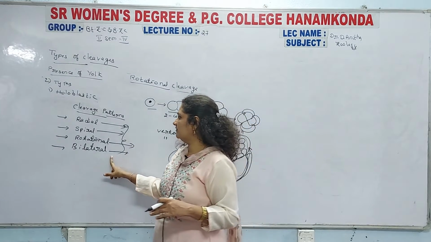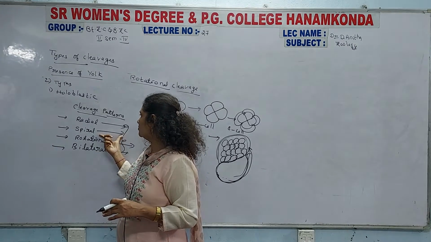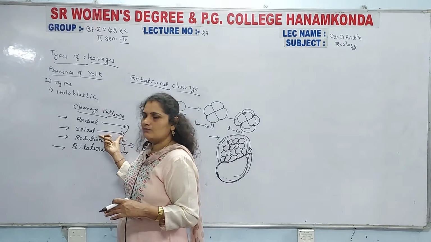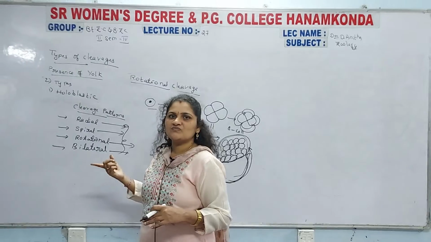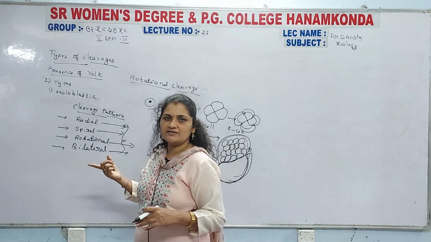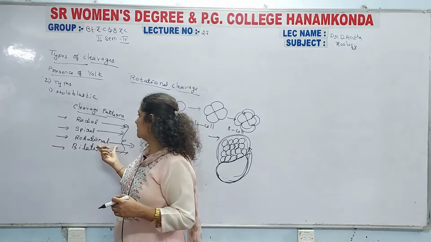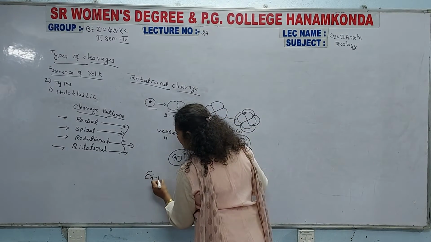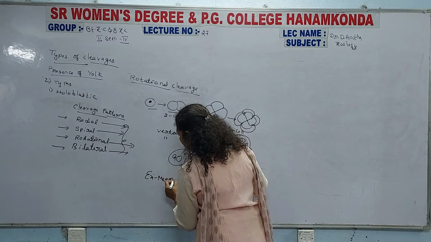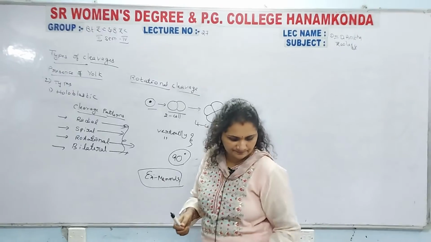In bilateral cleavage, it can make a mirror image, and the cells move in a spiral movement or occur radially, but in rotational cleavage only, the cells are moved in the 90 degrees of angle, those are rotated. That's why it is considered here as the rotational cleavage. Some of the mammals are the example for this rotational cleavage.